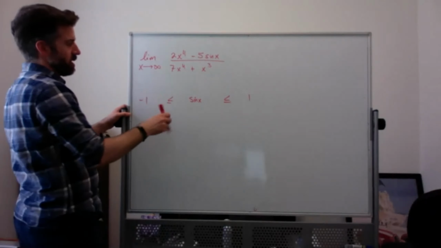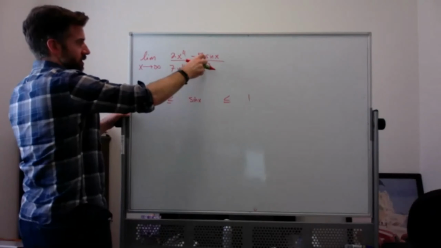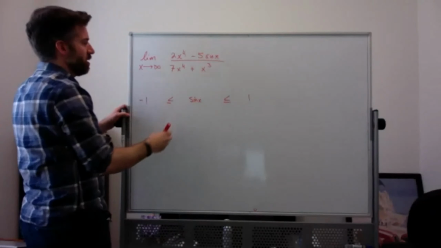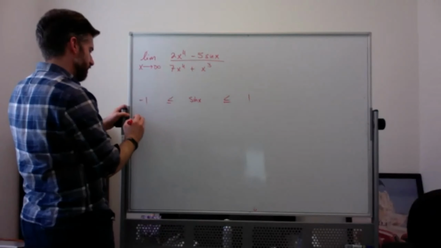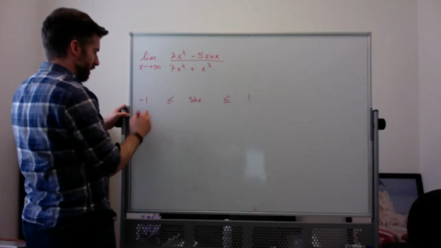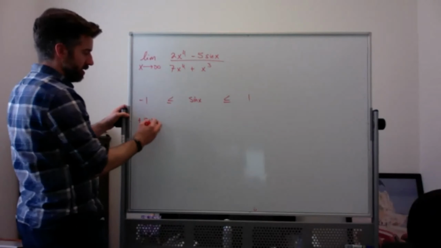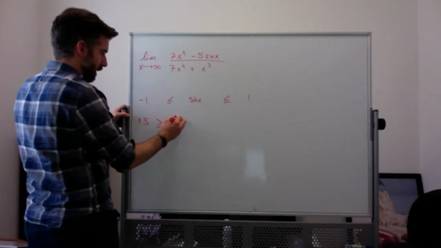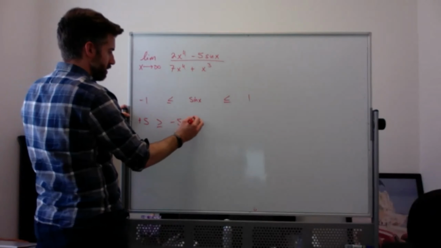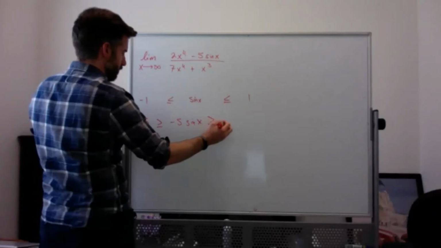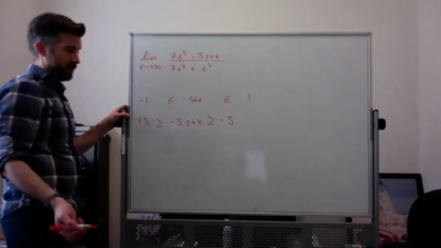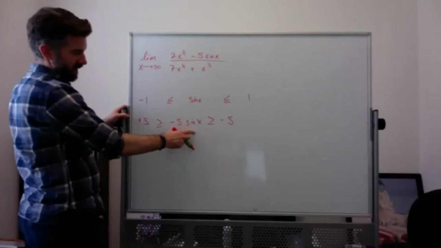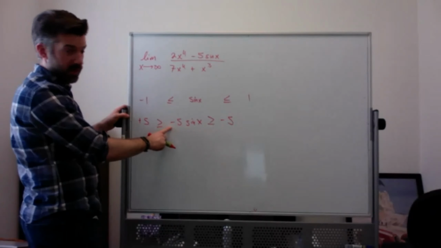And then we try and make this look like all of this. So I multiply everything by -5. So -5 times -1 is +5, bigger than or equal to -5 times sine of x, bigger than or equal to -5. I switch the order of the inequality because I multiply by a negative instead of a positive.